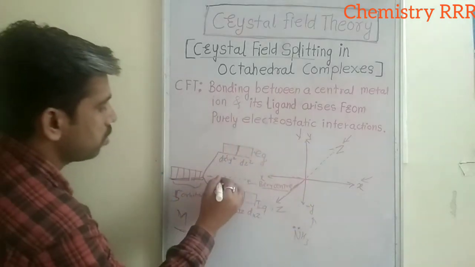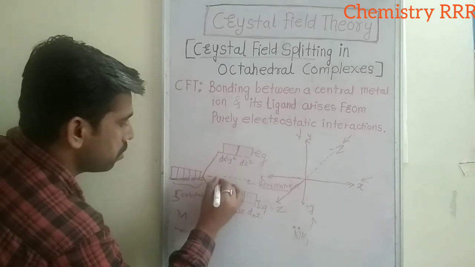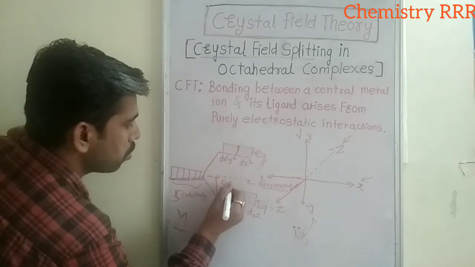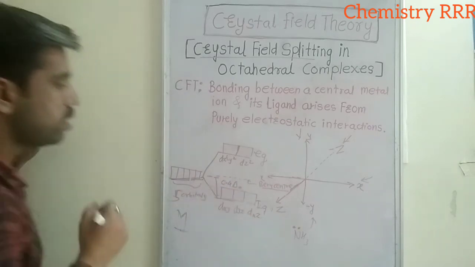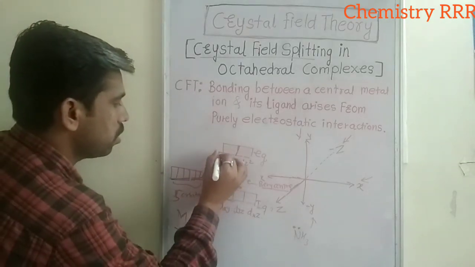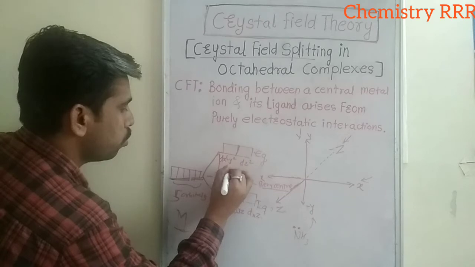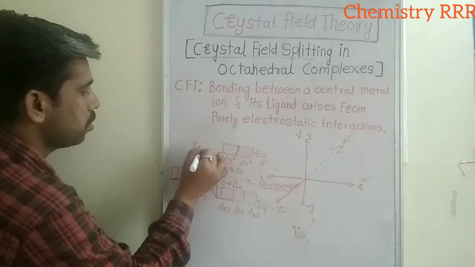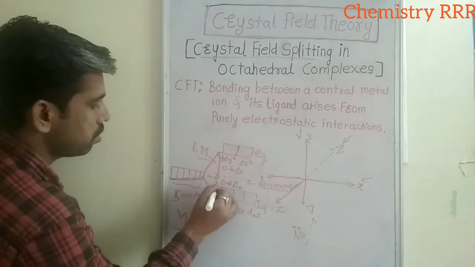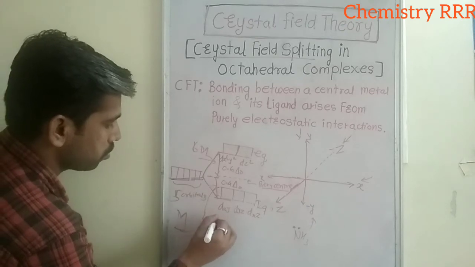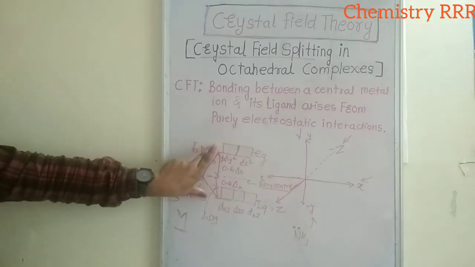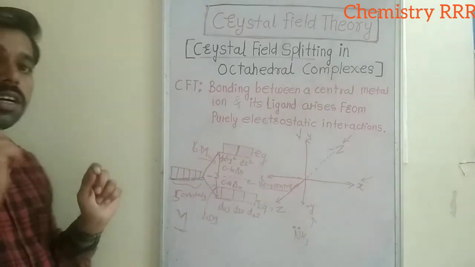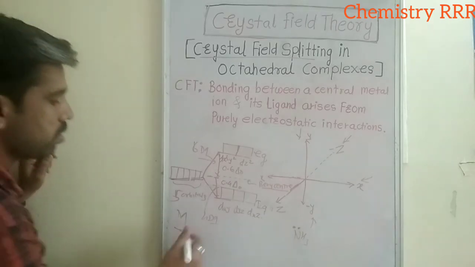The energy of destabilization is 0.6 del 0 for the Eg set, and the stabilization is 0.4 del 0, or we also write 6 Dq and 4 Dq for these. This energy difference between the T2g set of orbitals and the Eg set of orbitals is called the crystal field splitting energy.